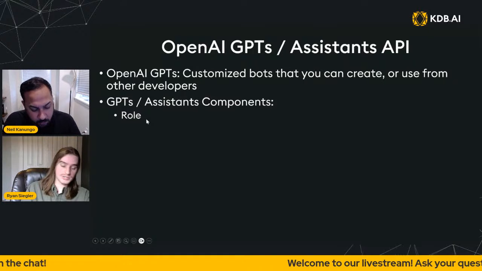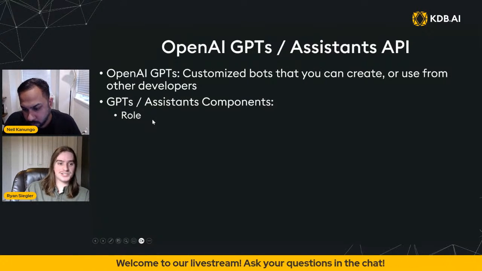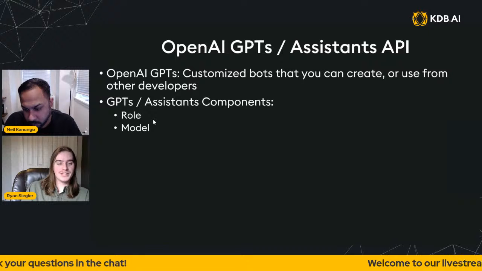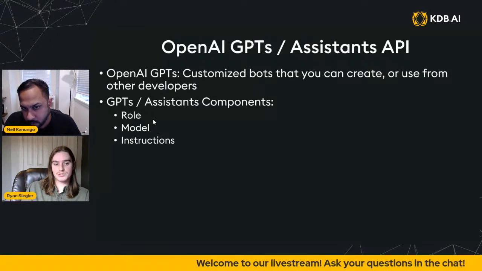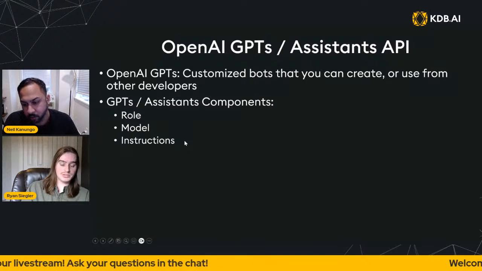Do I want you to be a CPA? Whatever. Do I want you to be Santa Claus? I just saw a GPT up there specialized to be Santa Claus. Kind of interesting. You give it a specific role, and then you tell it what model I want you to use as far as the large language model goes. You can define whatever instructions you want, and you can get very specific here to really tailor your bot to a certain use case.